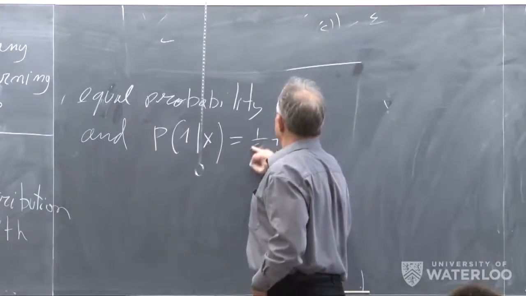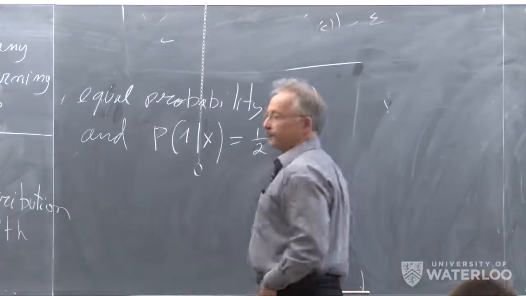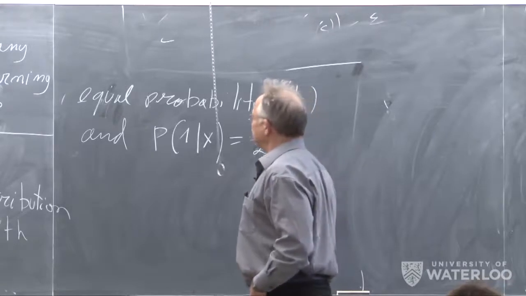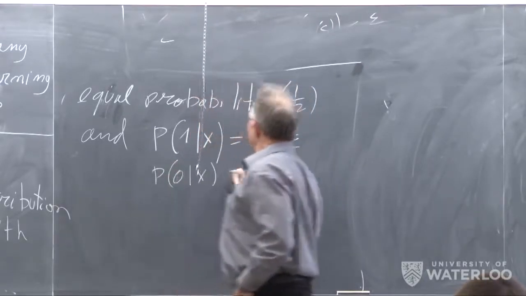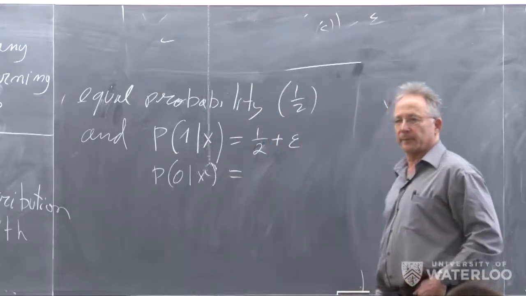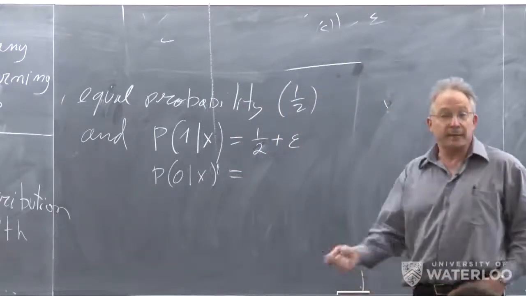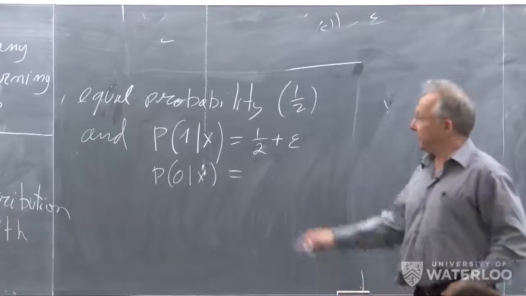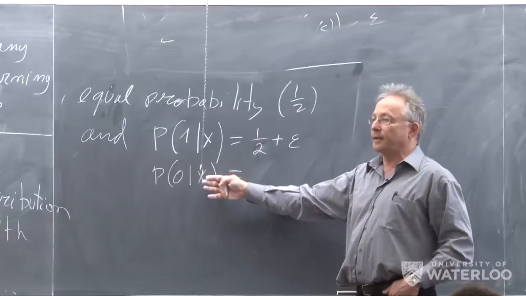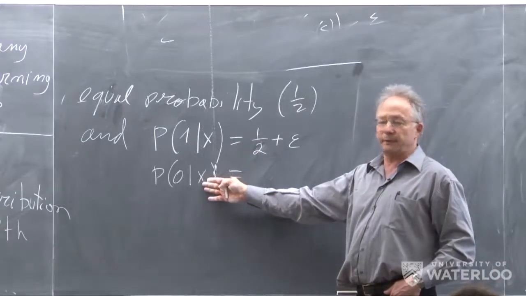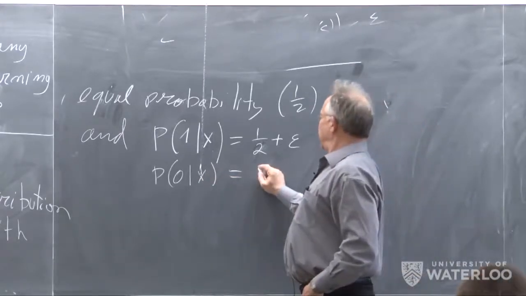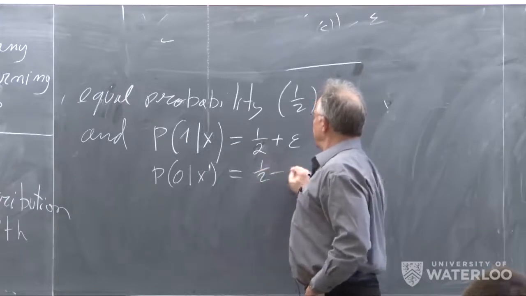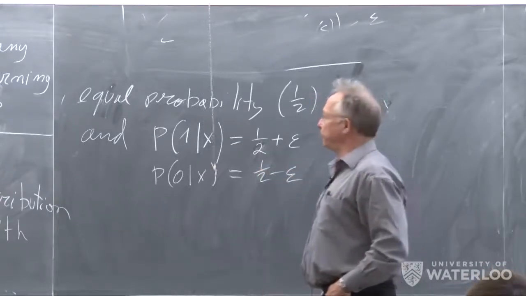Let's call it epsilon. And the probability of seeing 0, given that I saw x, what is it going to be? If I see x, then I either see a 1 or see a 0. So if I gave you the probability of seeing 1 given x, what's the probability of seeing 0 given x? Yes? Right. Half minus epsilon.